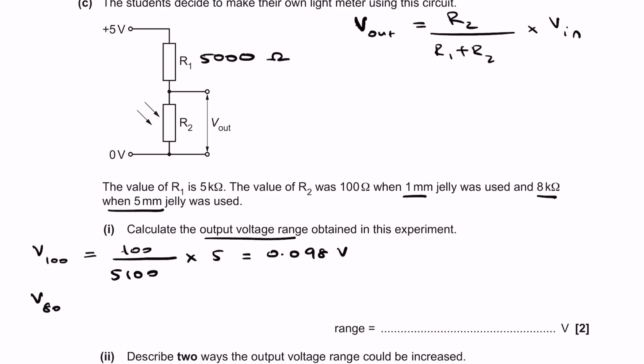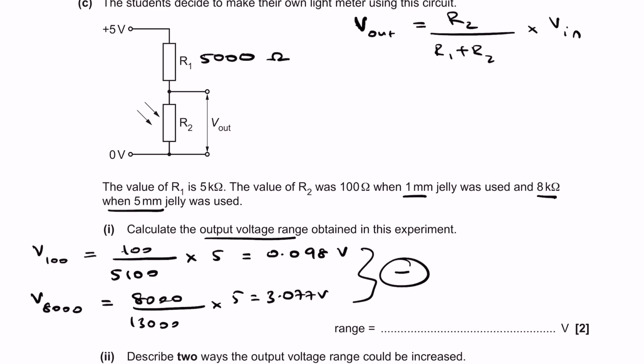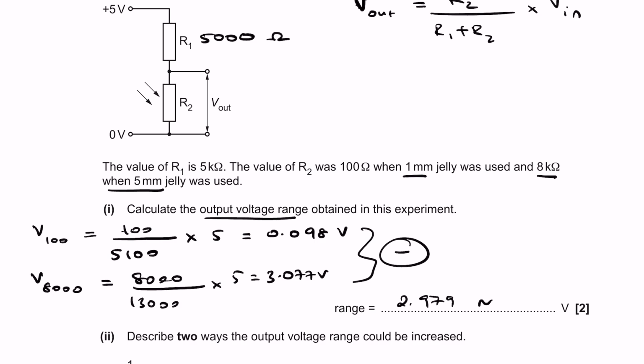Similarly, at 8,000 ohms, we would have 8,000 over 13,000 times by 5, and that gives me 3.077 volts. And so the range of the voltage will be the difference between the two, and that will give me 2.979, or you can round this to one significant figure. I would just do it to one significant figure, so 3 volts.